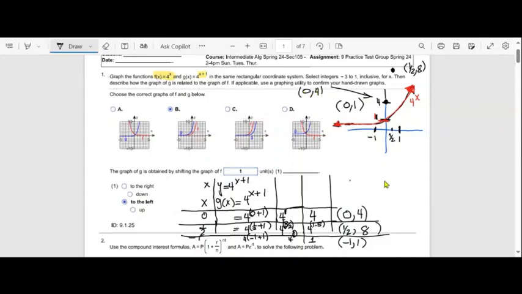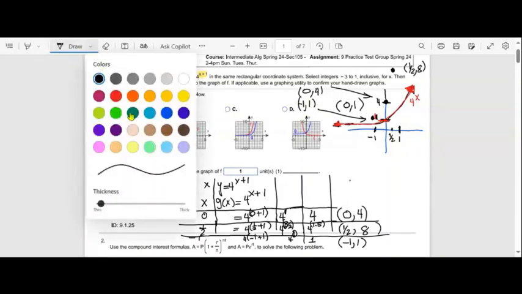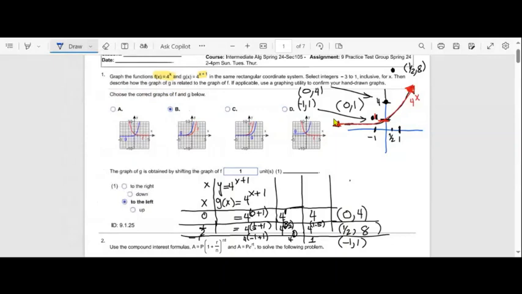Now the last point is -1 and 1. Where is it? Here, right? So this point is -1 and 1. Okay, so we just make the graph going that way.